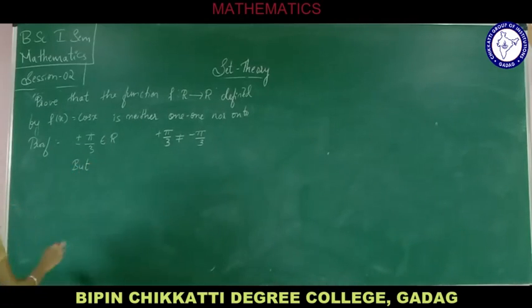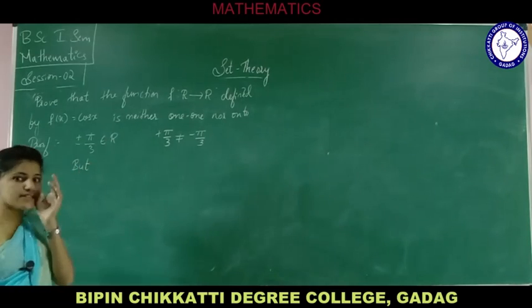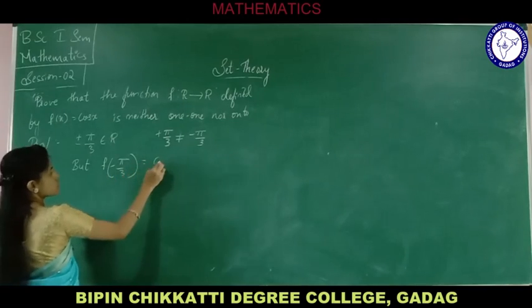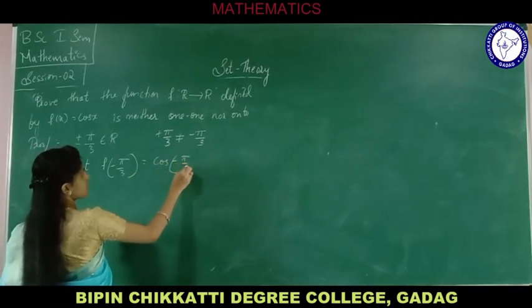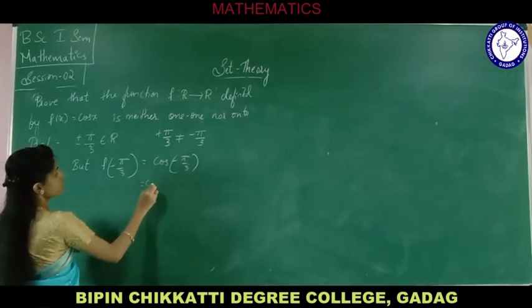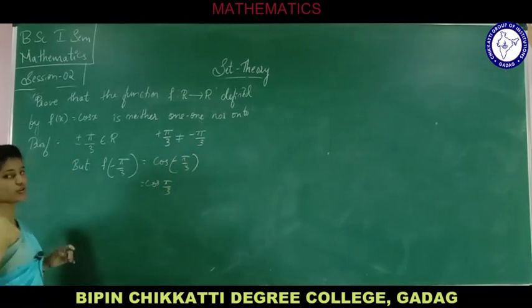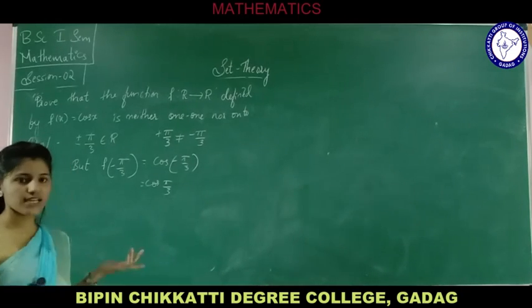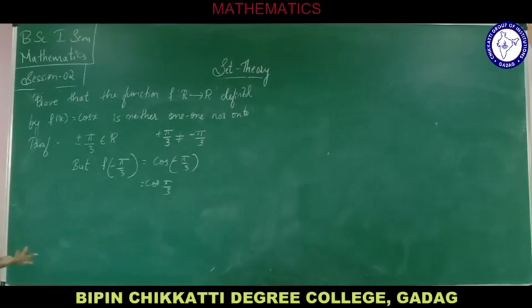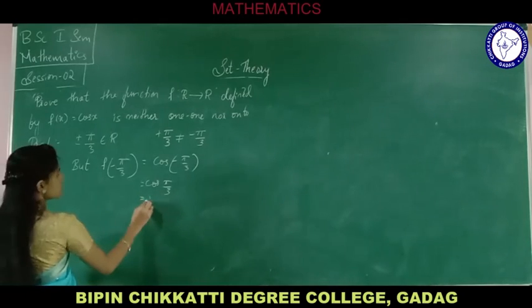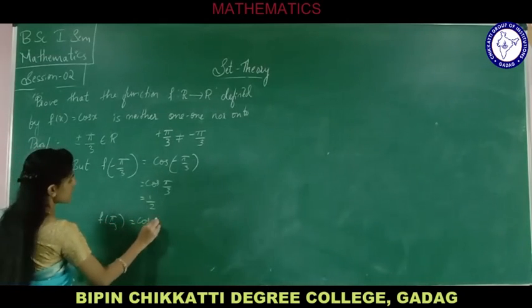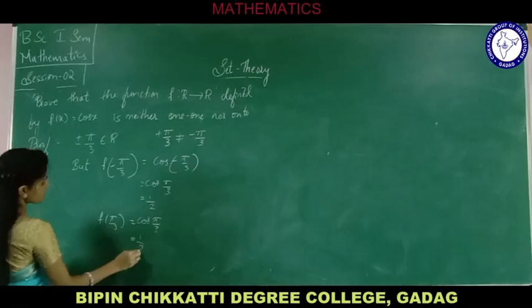But f of minus pi by 3 equals cos of minus pi by 3, which is again cos pi by 3, because cos of minus theta is cos theta. Therefore it equals 1 by 2. Again, f of pi by 3 is cos pi by 3, which is also equal to 1 by 2.